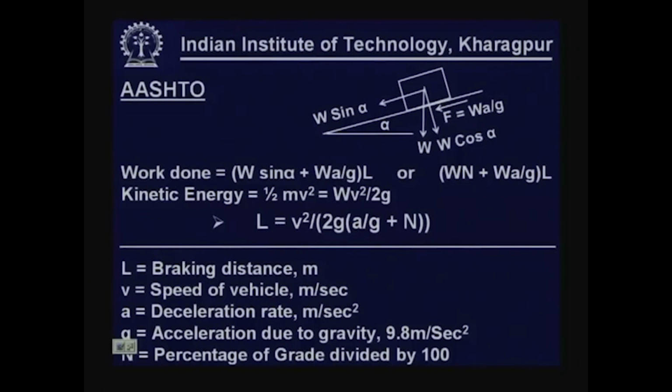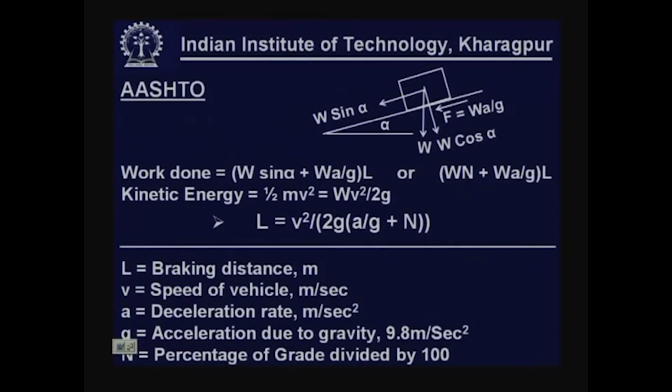Now, AASHTO, the basis is again same, basic understanding is same. The only difference is AASHTO does not calculate it on the basis of coefficient of friction, it rather uses the deceleration rate. So, look at this sketch. Here F is taken as mass into acceleration.